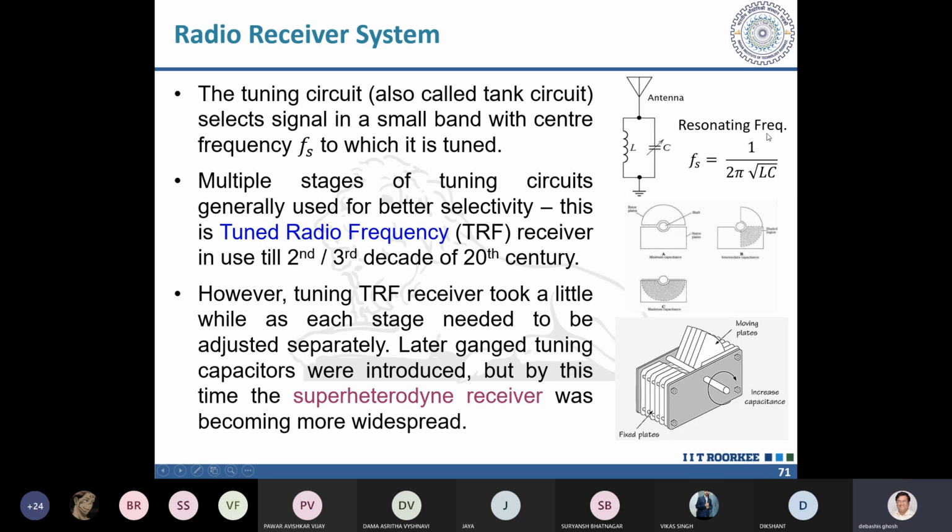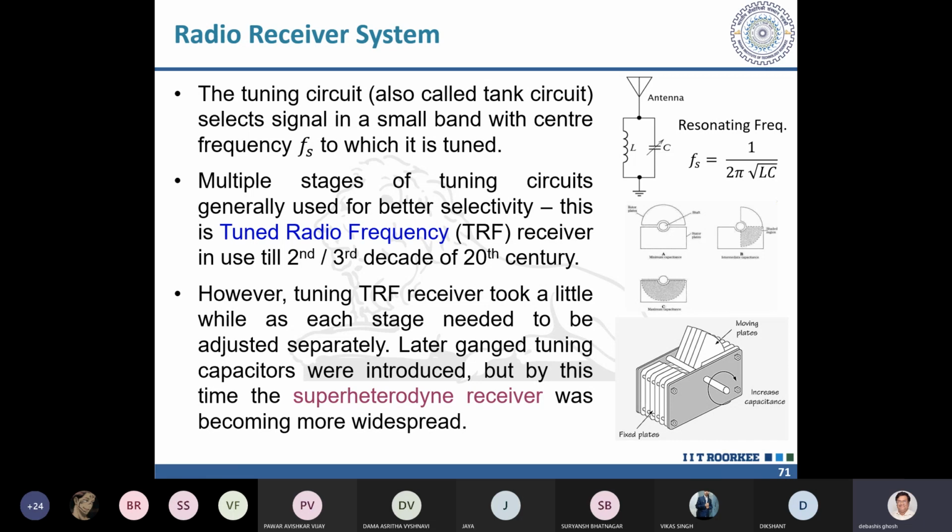Only the signal corresponding to this frequency and its adjacent band can be received at the output, at this point. All the other signals will be shorted to the ground, so they will not be received. So that is how the tuning circuit selects only the signal of a particular channel.